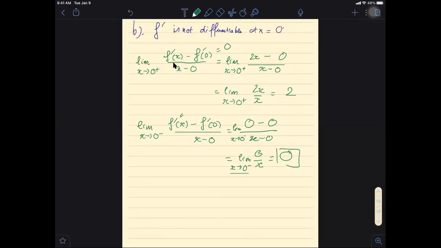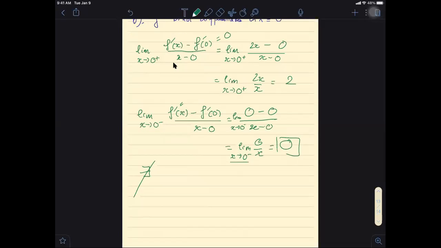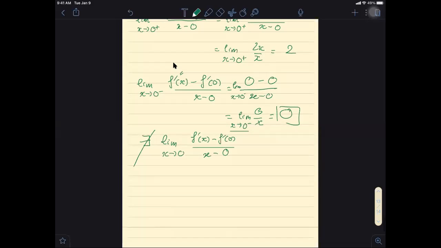So then the limit as x goes to 0 of (f prime of x minus f prime of 0) over (x minus 0) does not exist, which means we don't have the second derivative of f at x equal to 0.